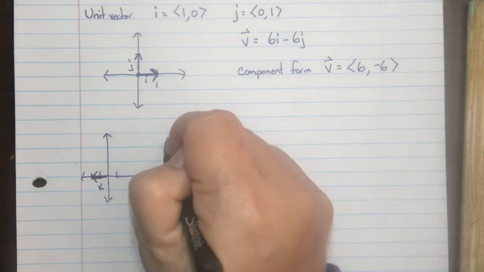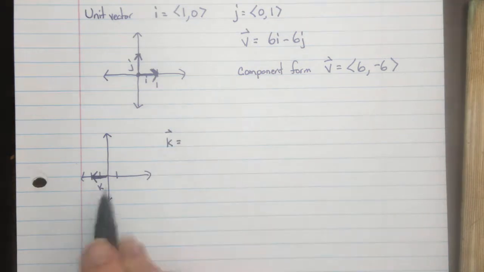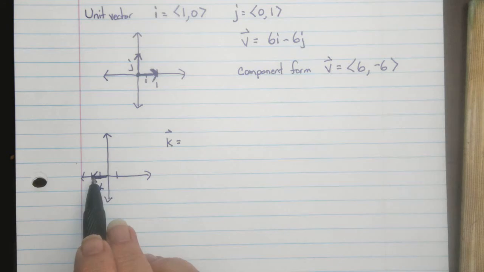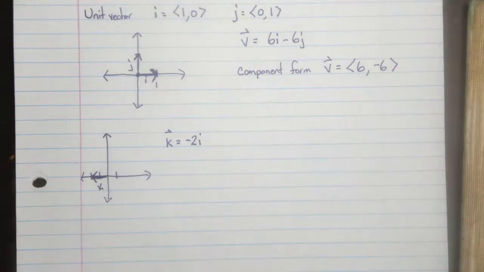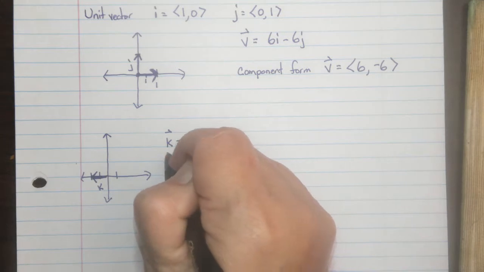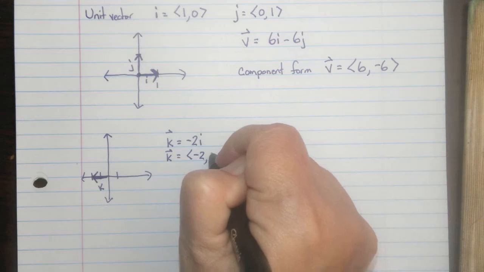So if I were going to write vector k, see that vector k is negative 2 on the horizontal, so it would be negative 2i. And it doesn't have a vertical component. The vertical part is 0, so I wouldn't even need to put the j at all. Or if I were to write that in component form, it would be -2, 0.